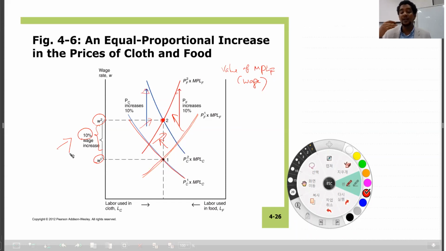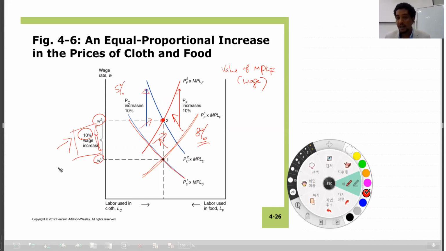The real effect comes when we increase the price of clothes, for example, by 5%, and do not increase the price of food, or increase the price of food by a different percentage. Now there is a disparity between the percentage increase in clothes and the percentage increase in the price of food, so the wage increase will be different.